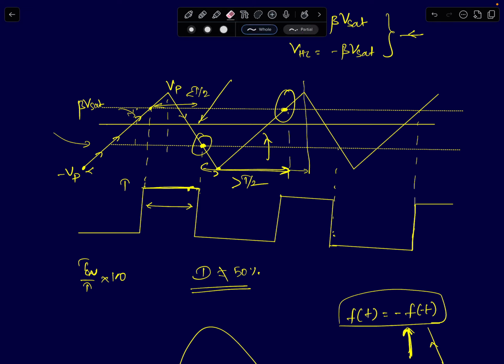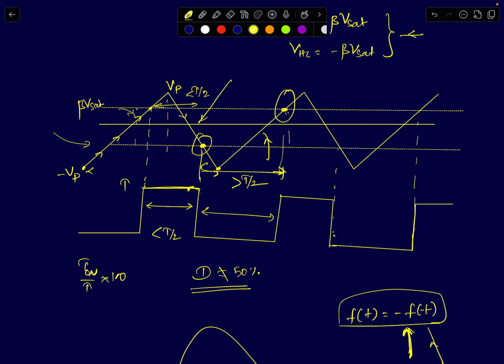Therefore, if you measure the time distance between minus beta V sat to plus beta V sat, that time will definitely not be equal, it will be greater than T/2. So off time will be greater than T/2 and on time will be less than T/2. So duty cycle will be less than 50%.